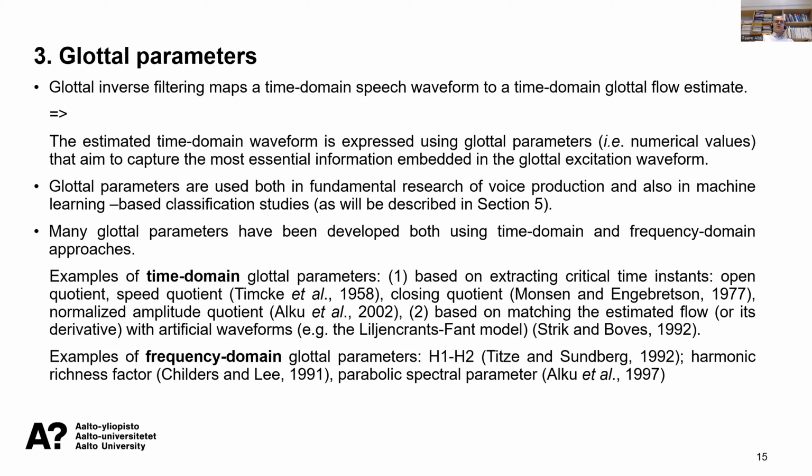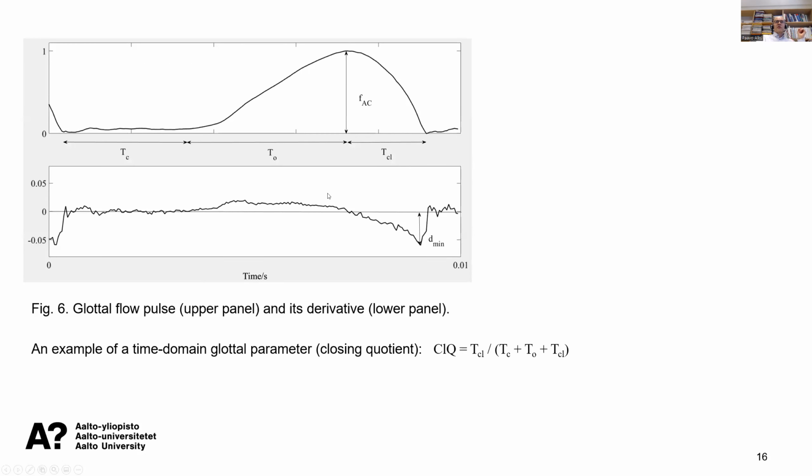And again, I just want to point out that during the past decades, there have been several papers published in this area, and lots of different parameterization methods have been proposed, both in the time domain and in the frequency domain. Just to give one example, this is a classical time domain parameter called closing quotient.